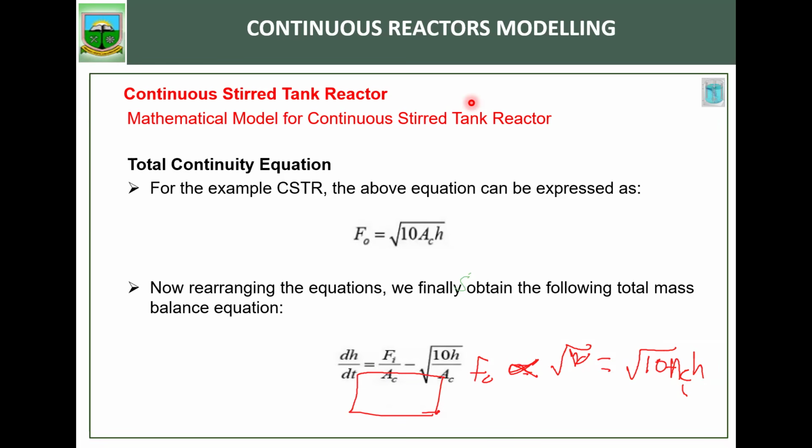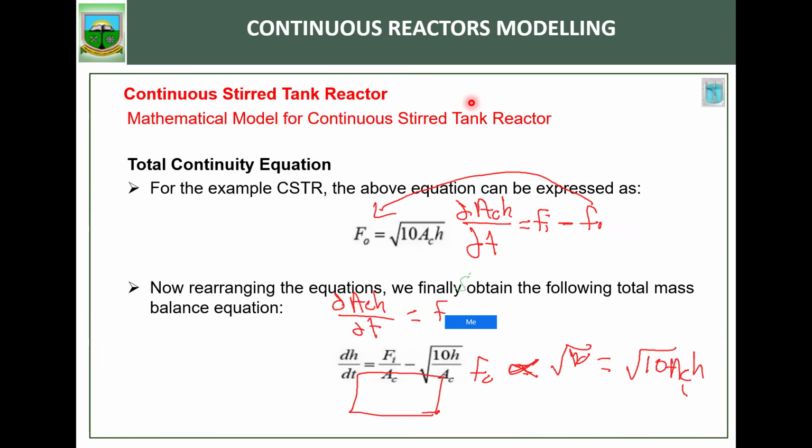Okay, so now adapt this in our calculation. You also remember that we assume that density was constant. From our normal accumulation, A dH/dt is equal to Fi minus FO, because density is constant. And now we are saying FO is equal to this. So we are going to have A dH/dt equal to Fi minus root of AH. Get it?